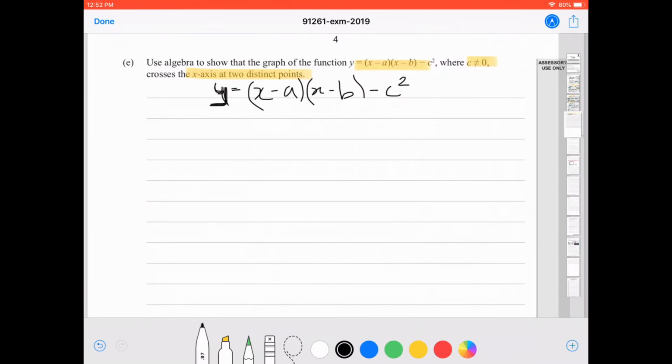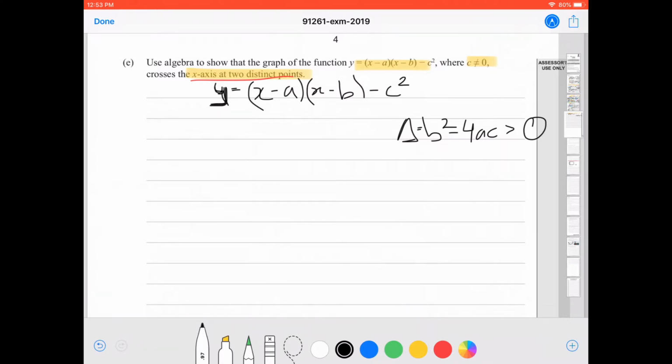And it says crosses the x-axis at two distinct points. Immediately we think of the discriminant here. We are going to be using the discriminant, b squared minus 4ac. If it crosses the x-axis at two distinct points, that means our discriminant is going to be greater than 0.